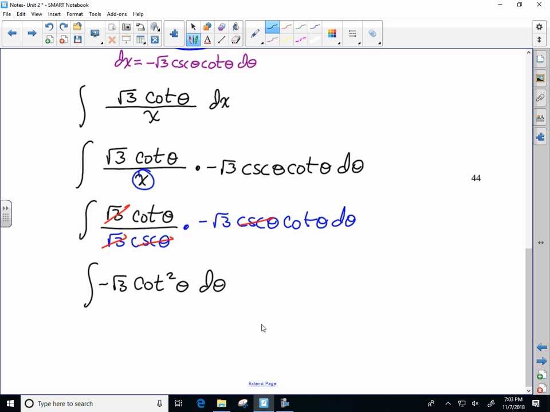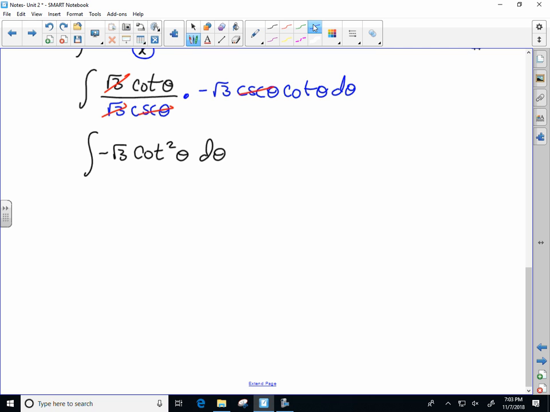But a cotangent squared, to the best of my knowledge, we don't have a rule for that. All right? So we're going to want to morph this a little bit. I'll put the negative radical 3 outside. That's the same as cosine squared theta over sine squared theta.